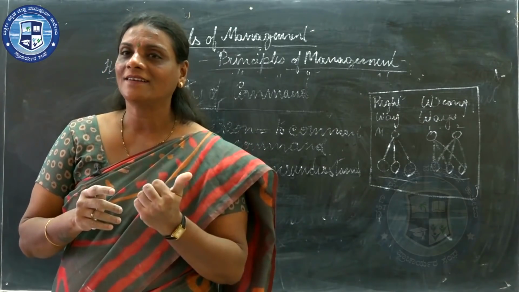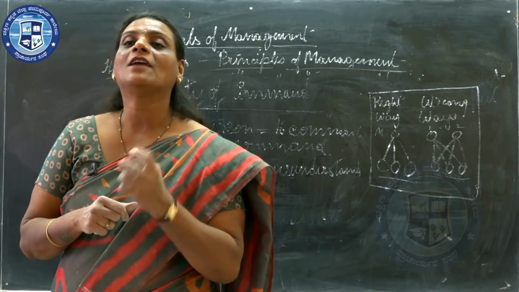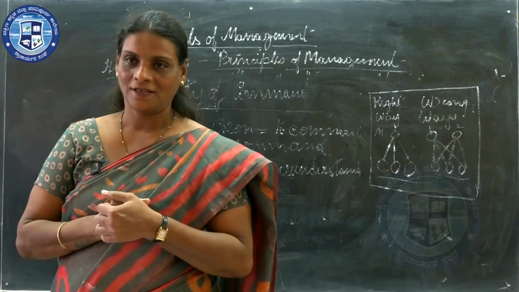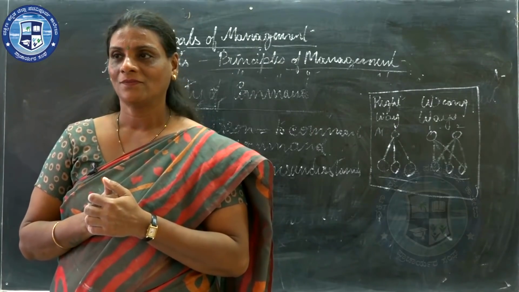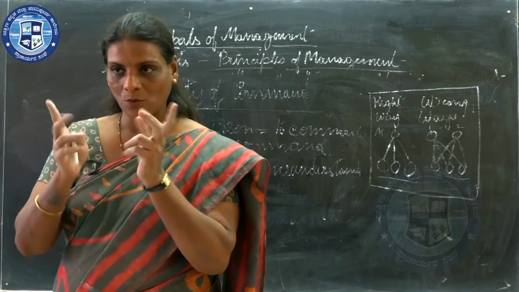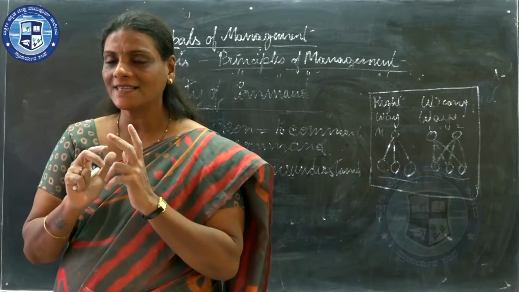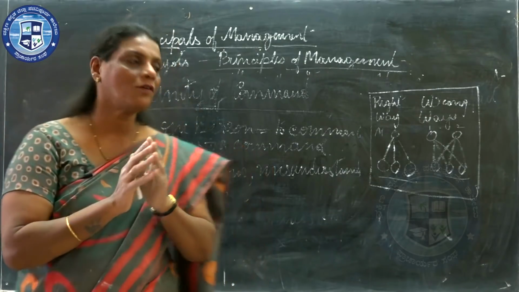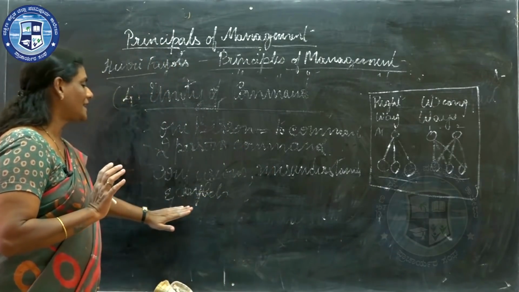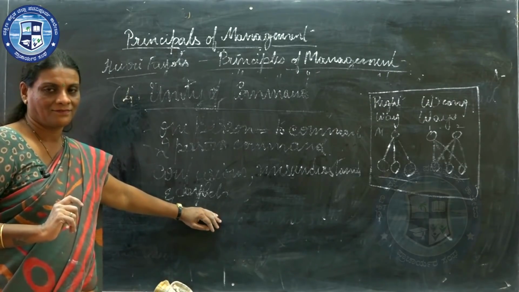The subordinate or the employee or the worker will take full advantage of this situation, and he may start creating misunderstandings between both the managers by carrying unwanted tales, and it will lead to more misunderstanding.